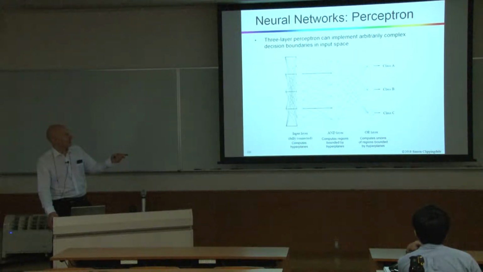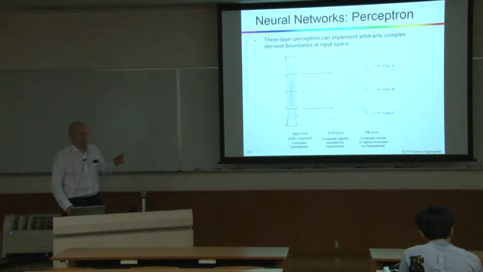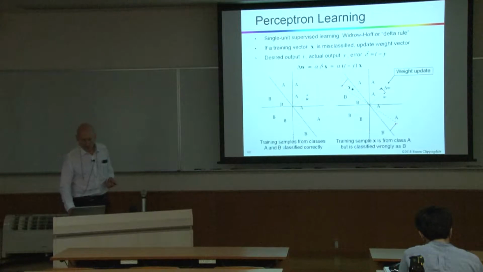And then a further layer can take a union of these regions. And so long as you've got enough units, this combination of regions here can be as complicated as you like. So this network can realize any, however complicated, decision surface.